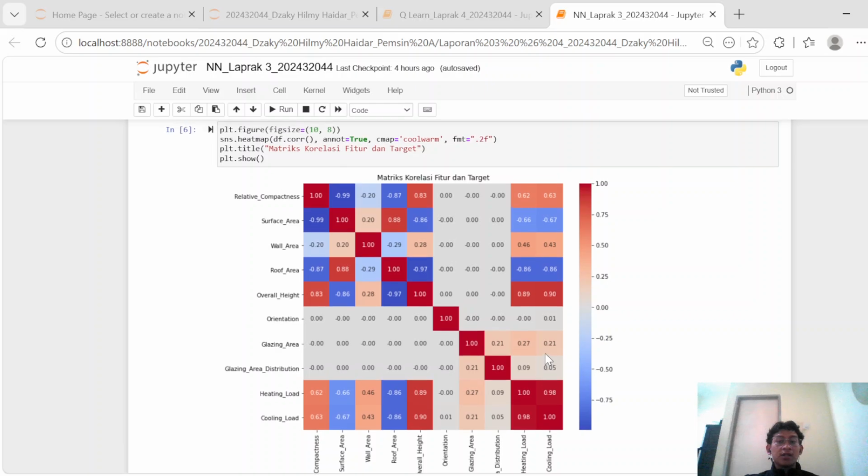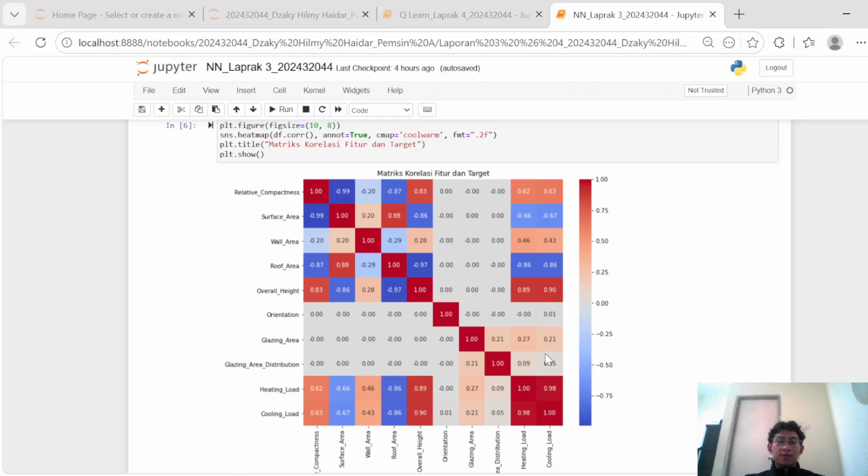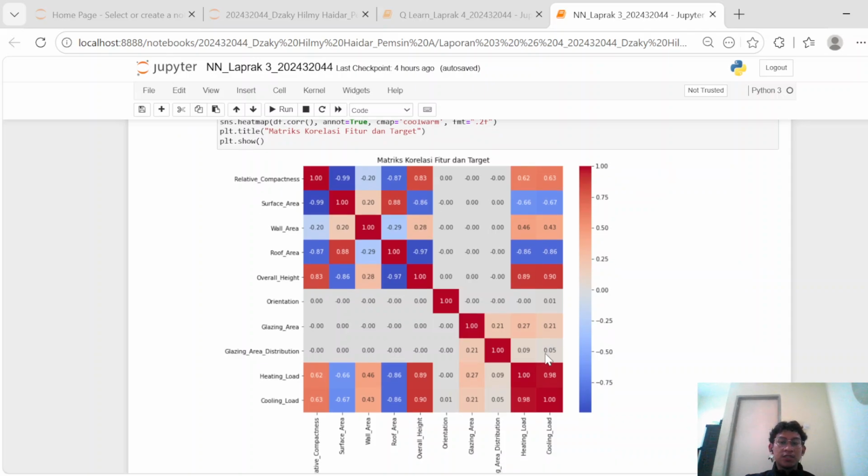Interestingly, features like orientation X6 scored near zero, suggesting that the direction the building faces has a negligible linear impact on energy consumption within this specific dataset. This preliminary phase proved that architectural geometry heavily dictates energy demands, validating our approach to use these features for predictive modeling.